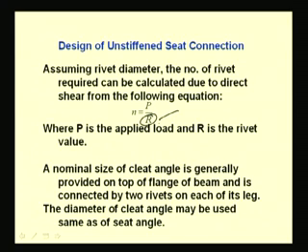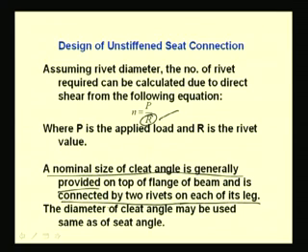Now a nominal size of cleat angle is generally provided at the top. So after finding out the details of the sheet angle, we will provide a nominal size of cleat angle at the top of the flange of the beam, and it is connected generally by 2 rivets on each of its legs.